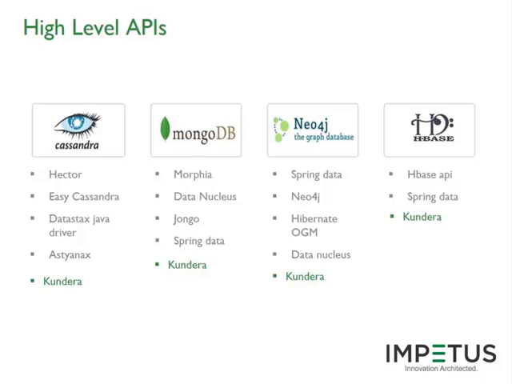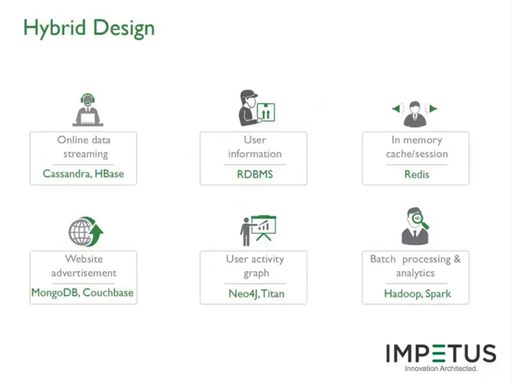But the question is, does this mean that to use more than one database in my system, I need to use a different API for each database? And in order to do so, do I need to learn each one of them? Honestly, that's a lot of work.